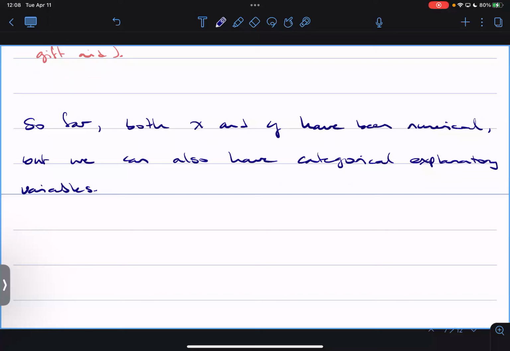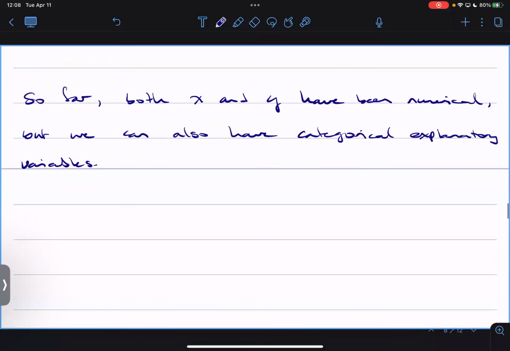We can't have a categorical value for Y because then you should be doing classification, things like logistic regression. There are other things, but logistic regression is our go-to. Okay? And so then you're in a different kind of realm. Okay, so we're only predicting numerical values of Y, but we can have categorical values of X.